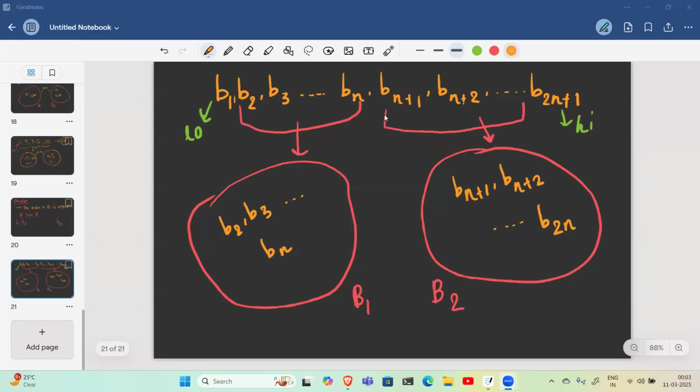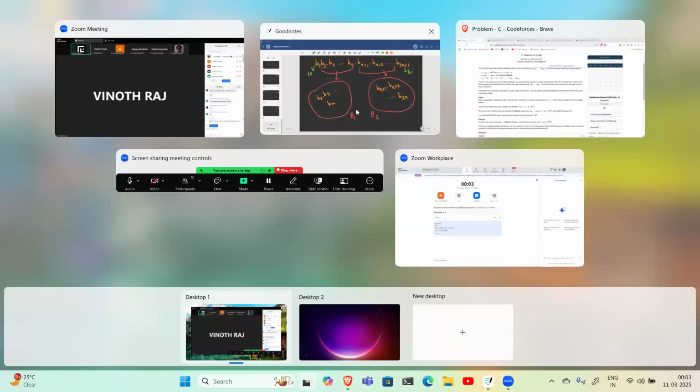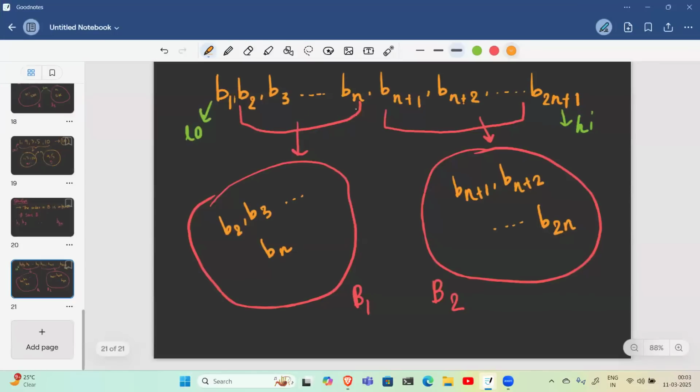How many integers have I inserted in the bags b1 and b2? n-1, right? Look what I've done. I have inserted everything from b2 to bn in one bag. So that is n-1 integers. I have inserted n-1 integers in bag b1. I have also inserted n-1 integers here.